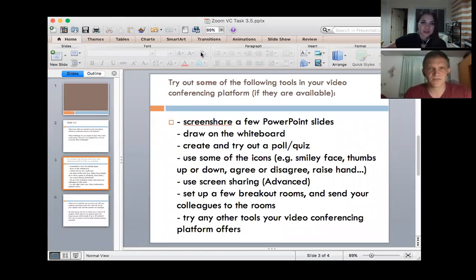All right. What are the other? Yeah, I used to be able to do that. Now I don't know where's my face. I don't even have my face on mine. Use screen sharing advanced. Can you find it? Oh yeah, I just said that, right? Screen sharing advanced. Where is that screen sharing advanced?